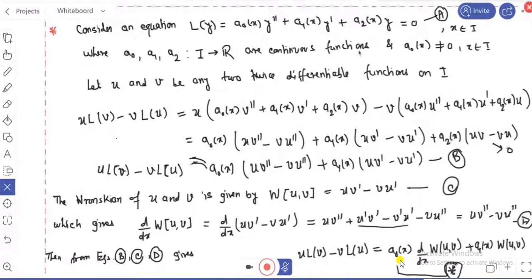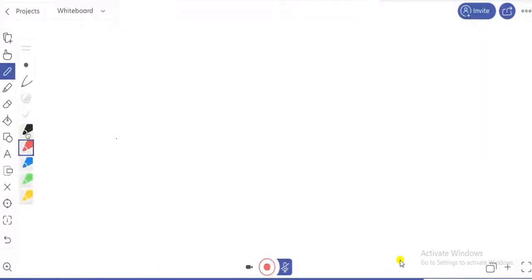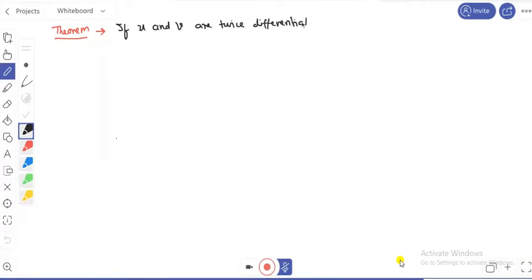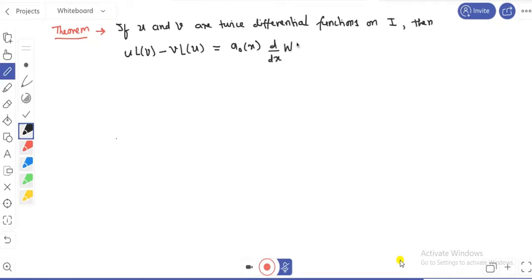So on the next page we write the theorem, and the statement is: if u and v are twice differentiable functions on a given interval, then u Lv minus v Lu equals a0(x) d/dx of the Wronskian of u, v plus a1(x) times the Wronskian of u, v.